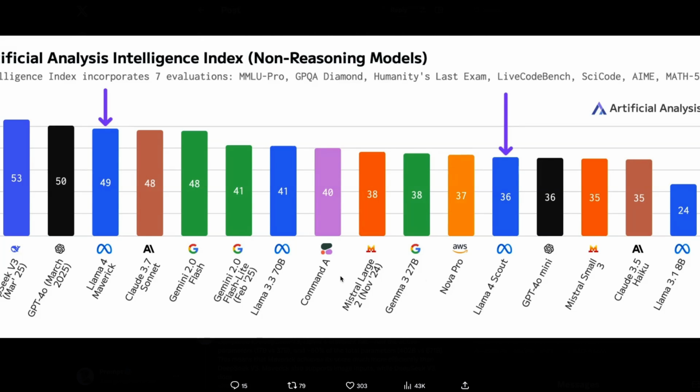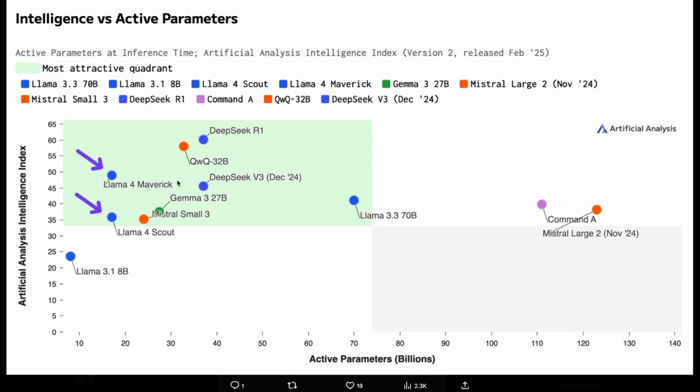Now, this is based on the overall scores, so not specific to one benchmark. But when it comes to overall intelligence, and again, this is measured by the Artificial Analysis team on their own intelligence metric, it's not as great as DeepSeek R1 or even QwQ, which is a 32 billion parameter model.